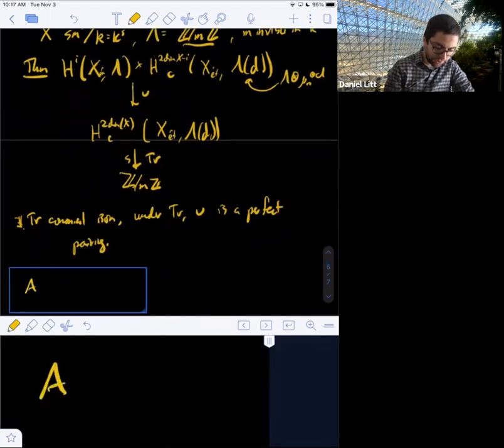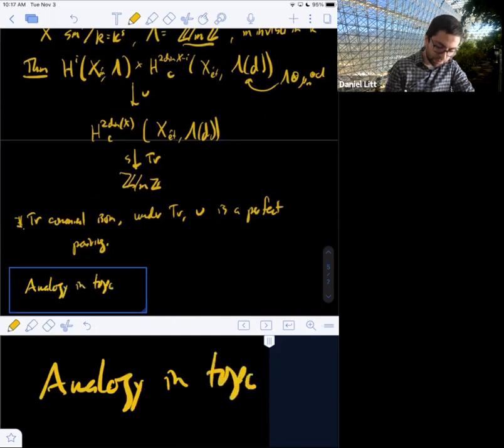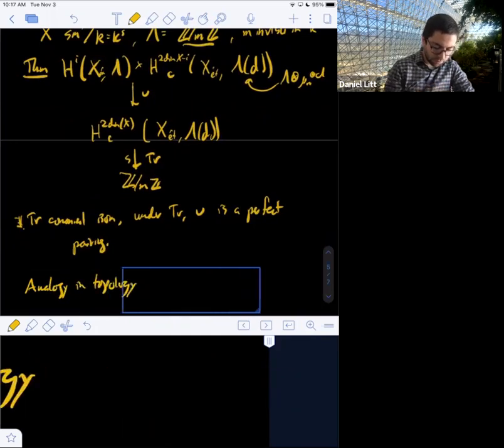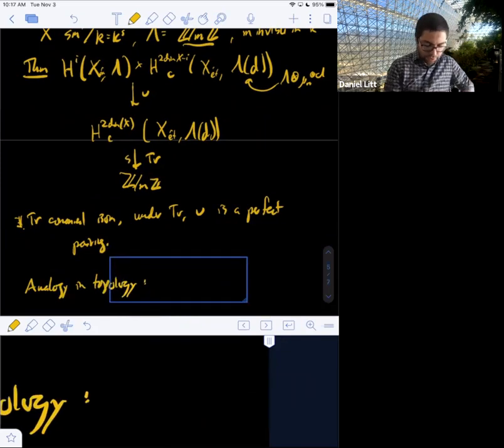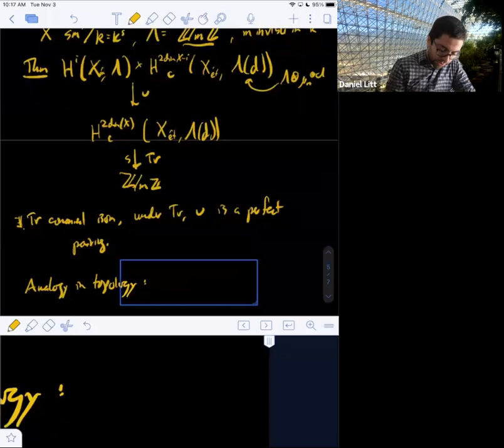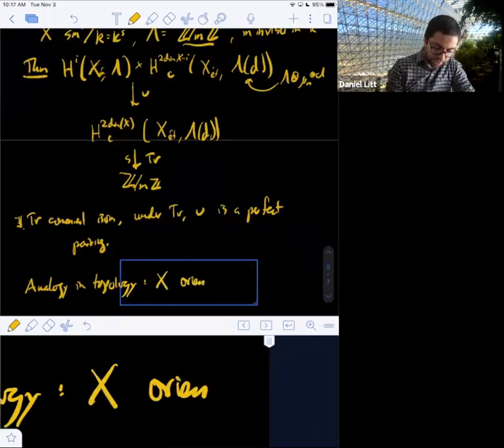Okay, so what's the analogy in topology? Suppose X is an oriented manifold.